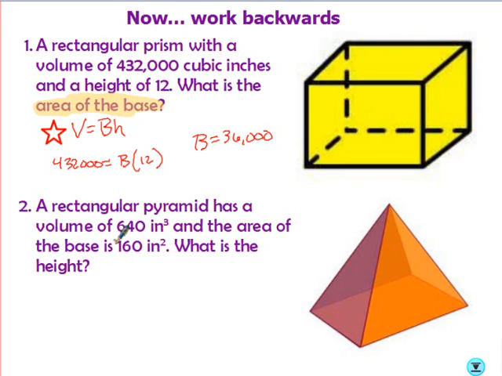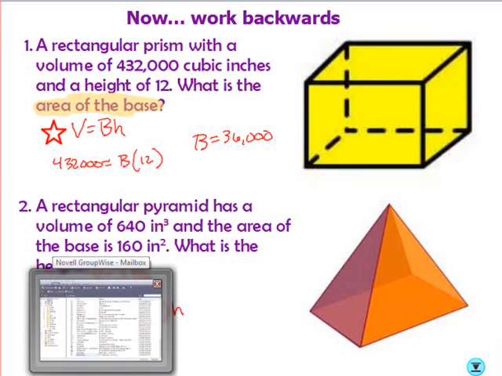Okay, rectangular pyramid, volume of this, so I go straight to my volume formula for a pyramid. That is volume equals 1/3 of the area of the base times the height. And then I'm just going to start plugging stuff in. I get 640 for the volume. The area of the base is 160 times the height.